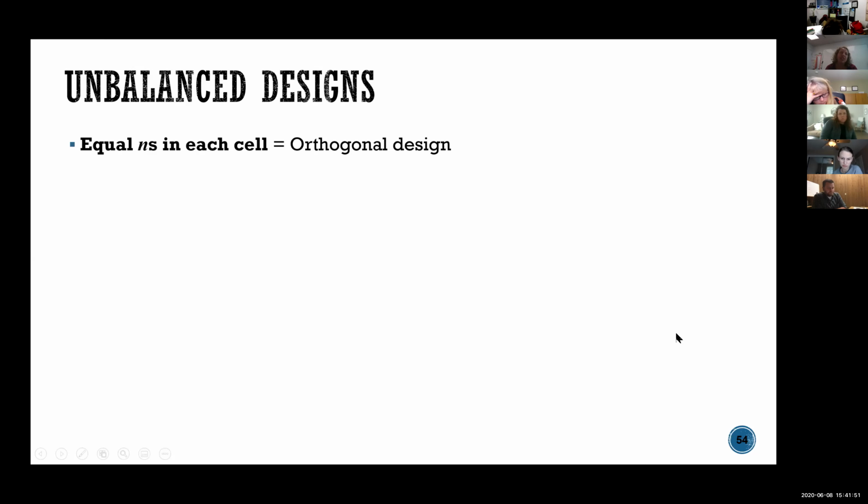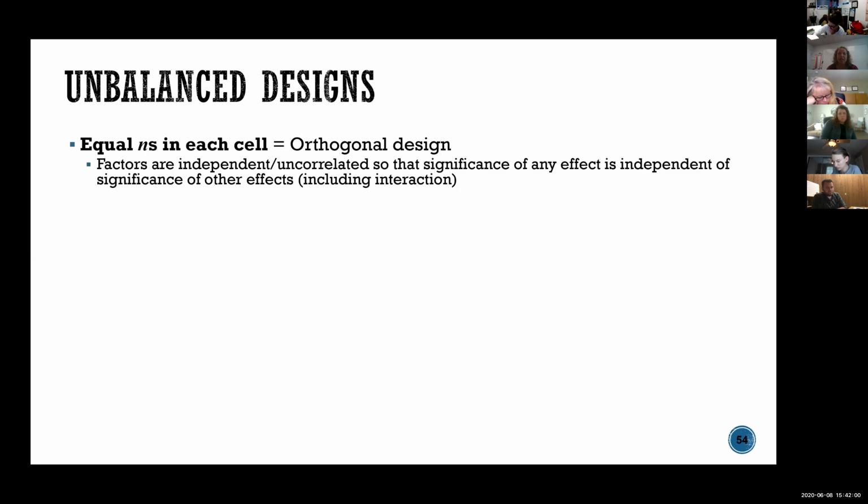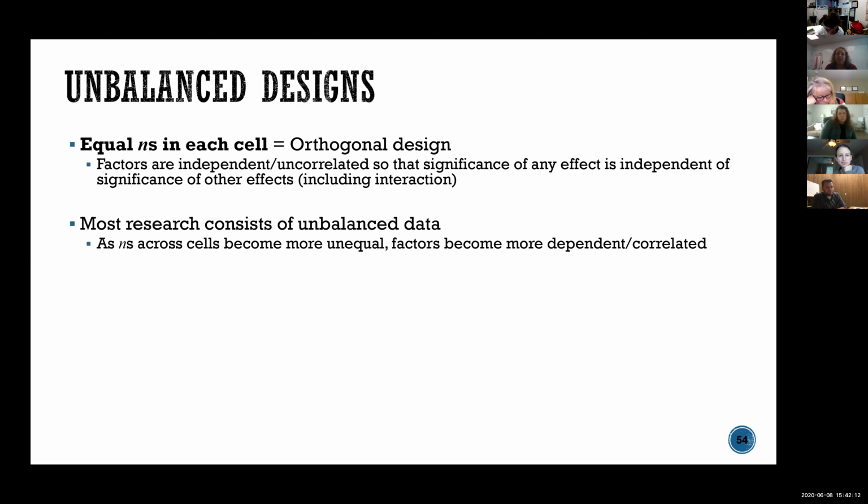That makes the main effects and the interaction what are called orthogonal designs, which is a good thing. But if you have unbalanced, meaning you have a different number of people in some of the combinations, which happens with human subjects, then we lose that orthogonality.